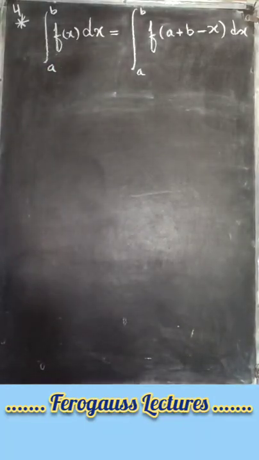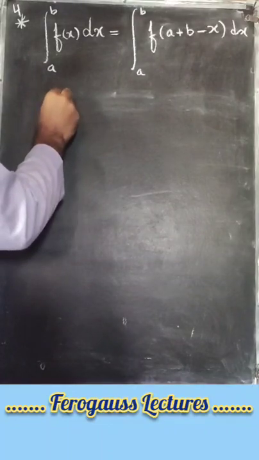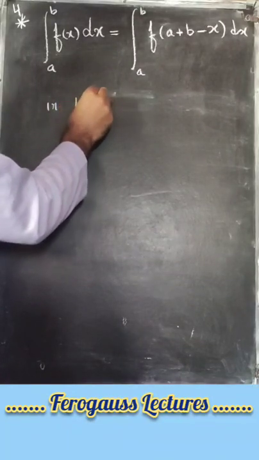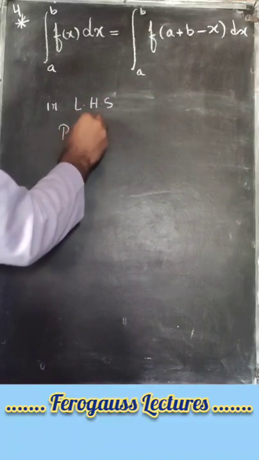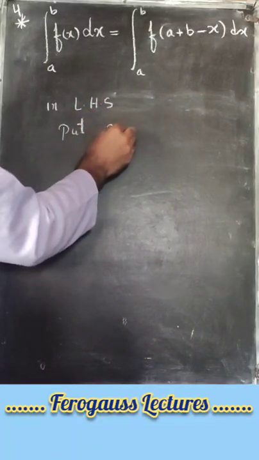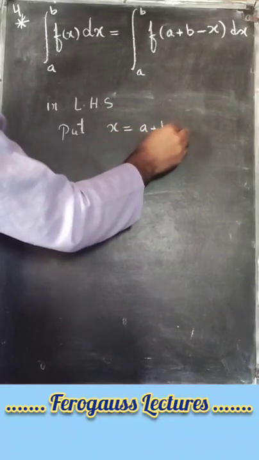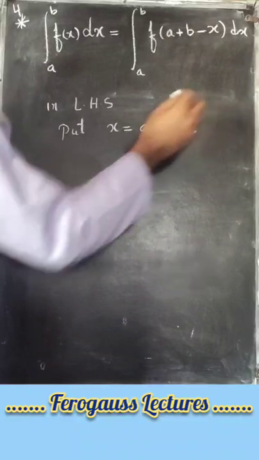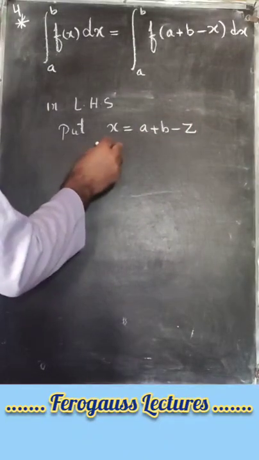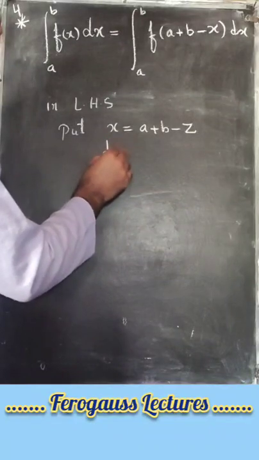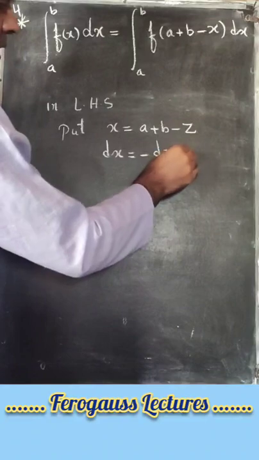For that, we take LHS, and in LHS we put x equal to a + b - z. Differentiating, we get dx is equal to minus dz, as a and b are constants.